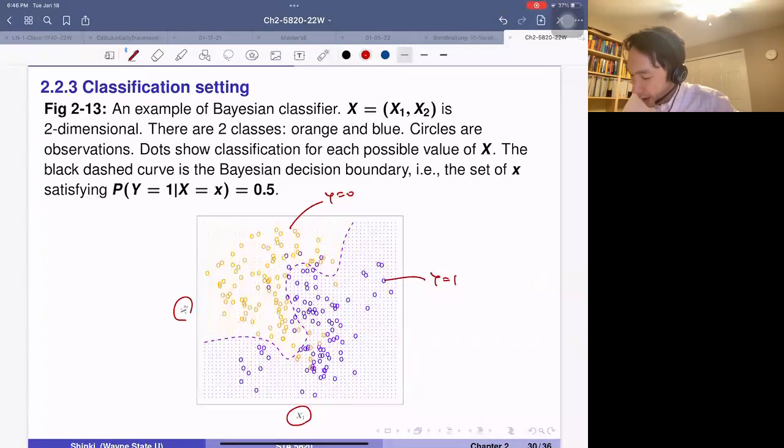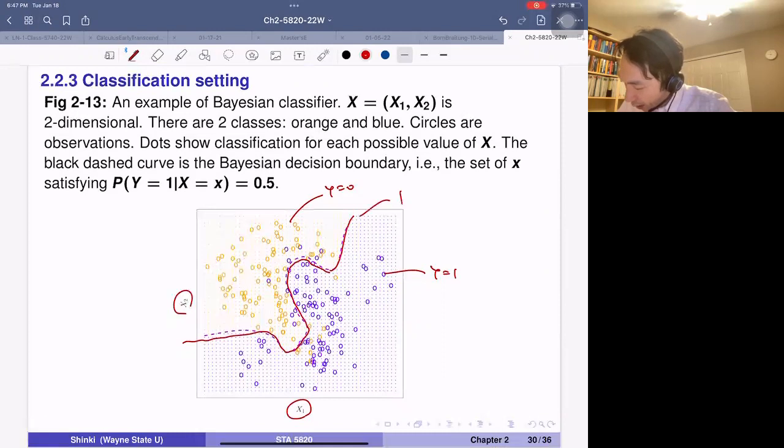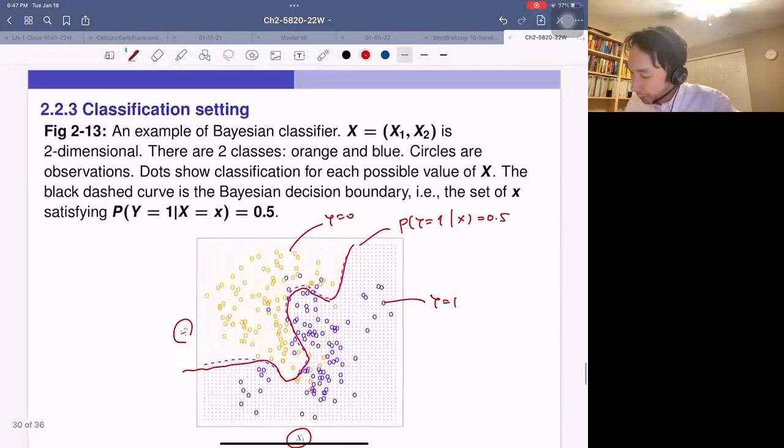Then we have some decision boundary. This line represents where the probability of y equal to 1 given the x value is equal to 0.5. So this is the boundary.